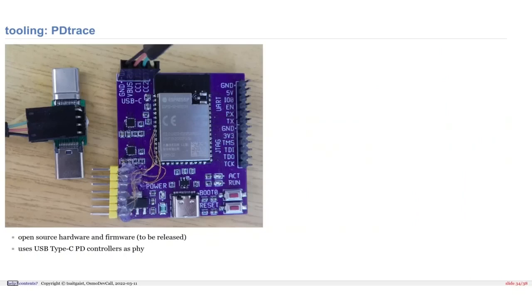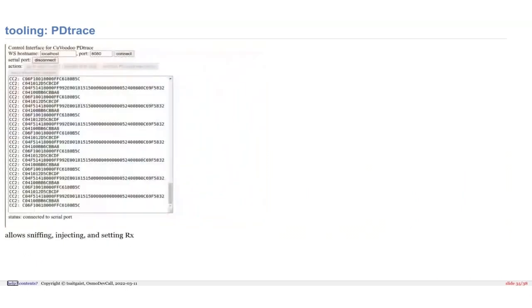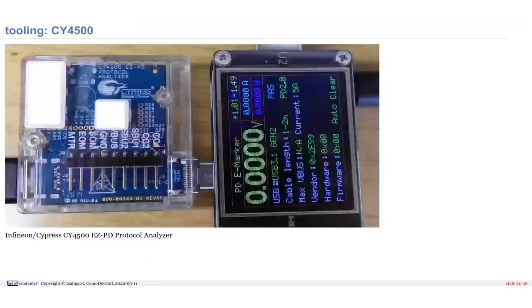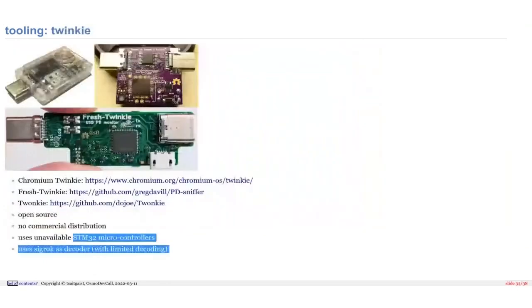The advantage of this device which I've created is that you can not only sniff the communication, which the Cypress one can also do, but that one is limited to decoding. On this one, there is hardware support for sending, but there's not a lot of software support for that.